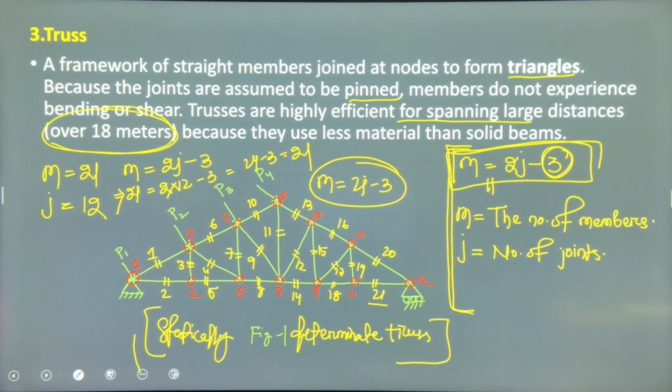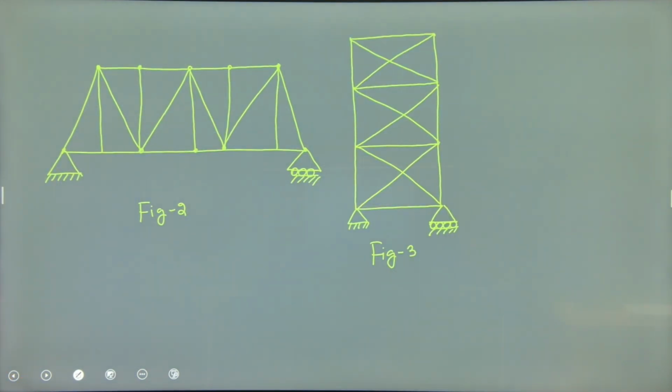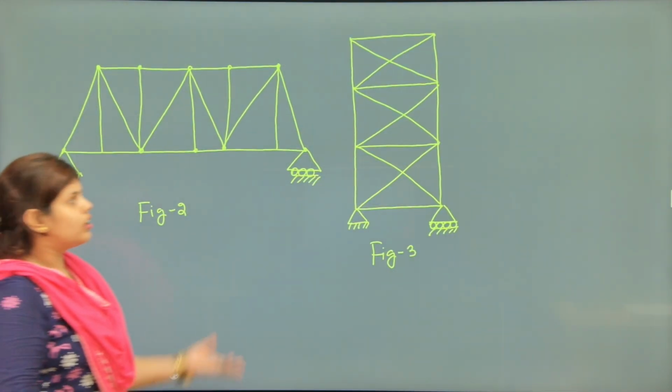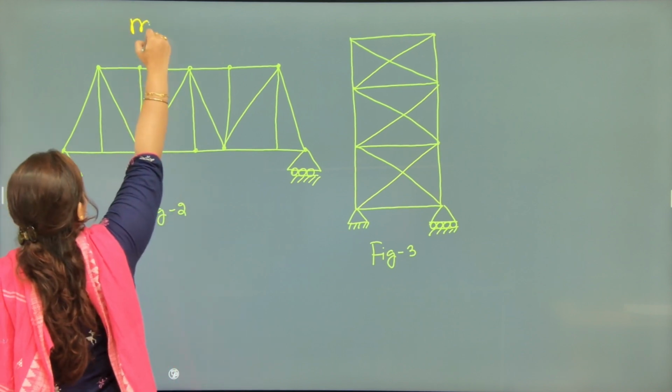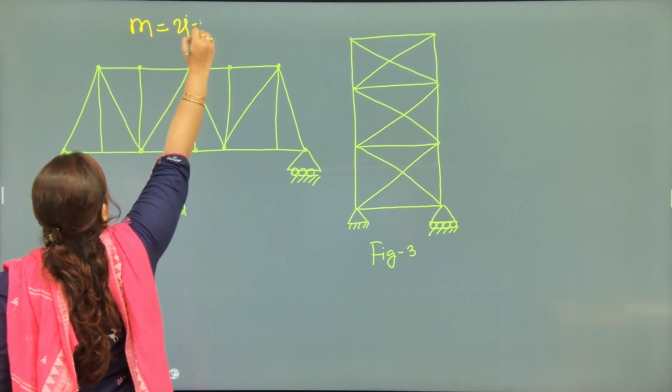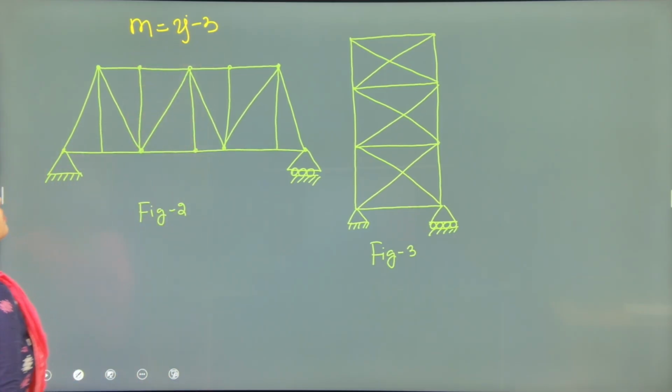Okay. Now here is another kind of truss. First we will write the formula: m equals 2j minus 3.